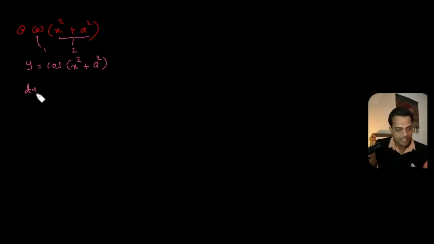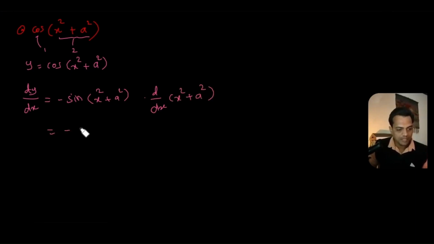So dy by dx, derivative on both of these terms. The derivative of the first function is, cos derivative is sine but with a minus sign, sine of (x square plus a square), and then the remaining derivative of the second term, that is x square plus a square.